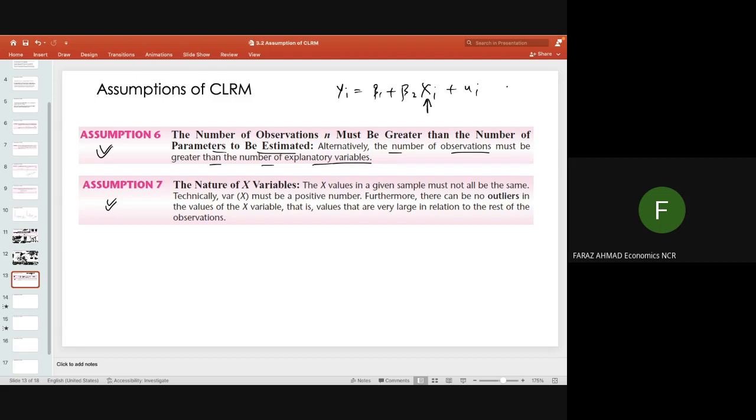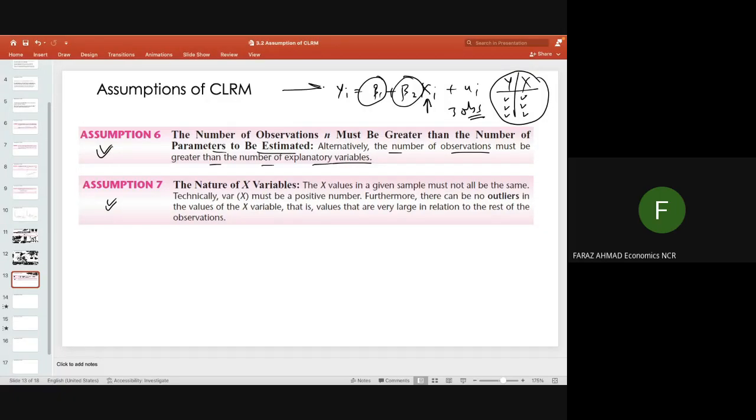If you are collecting data on Y and X, at least the number of observations should be greater than the number of parameters to be estimated. So basically we will be estimating 2 parameters here, beta 1 and beta 2. So you should have 3 observations at least to meaningfully run this regression.